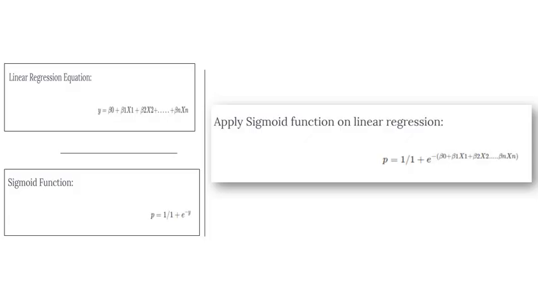And from here, let's get into the math. How we allowed our model to fit our data set is that we have our linear regression equation and we have a sigmoid function. The sigmoid function is responsible for allowing the output range to be between 0 and 1.